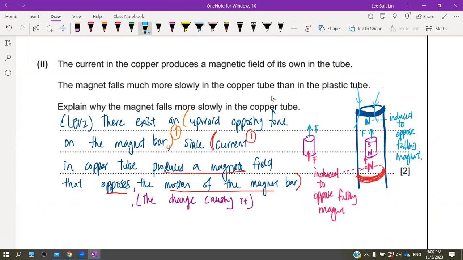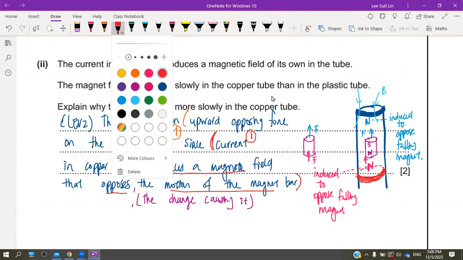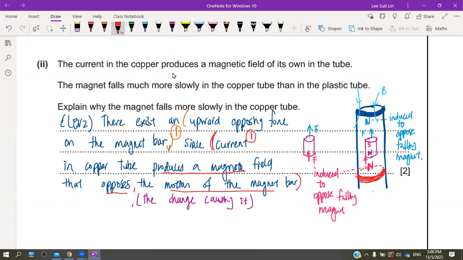Okay, there's a magnetic field here induced in the copper, just like this pink section, this red section will feel in this direction. Sorry, it's not, it is here. So it's like the upper one attracts it upward, and the lower one pushes it upward. Slow. Right. Any questions? Are you okay?